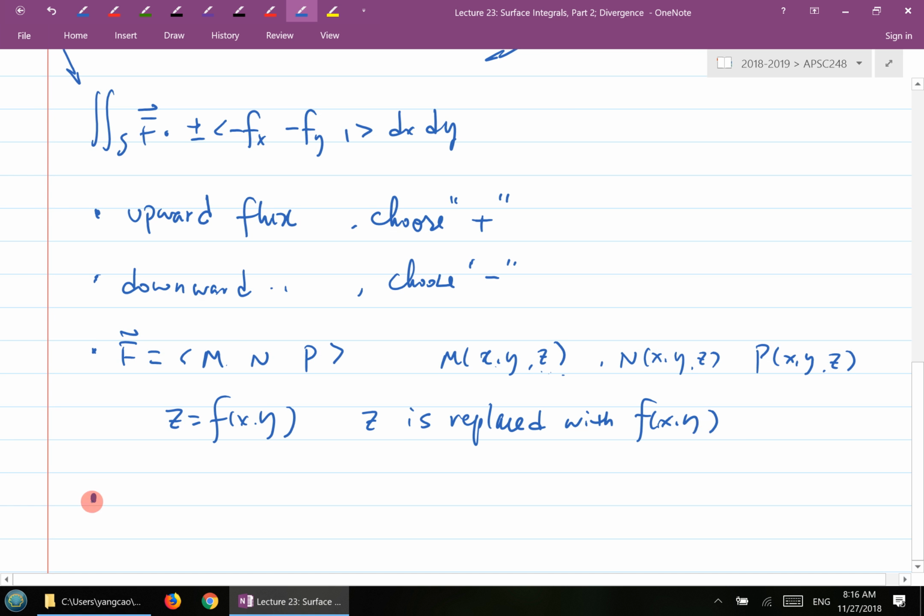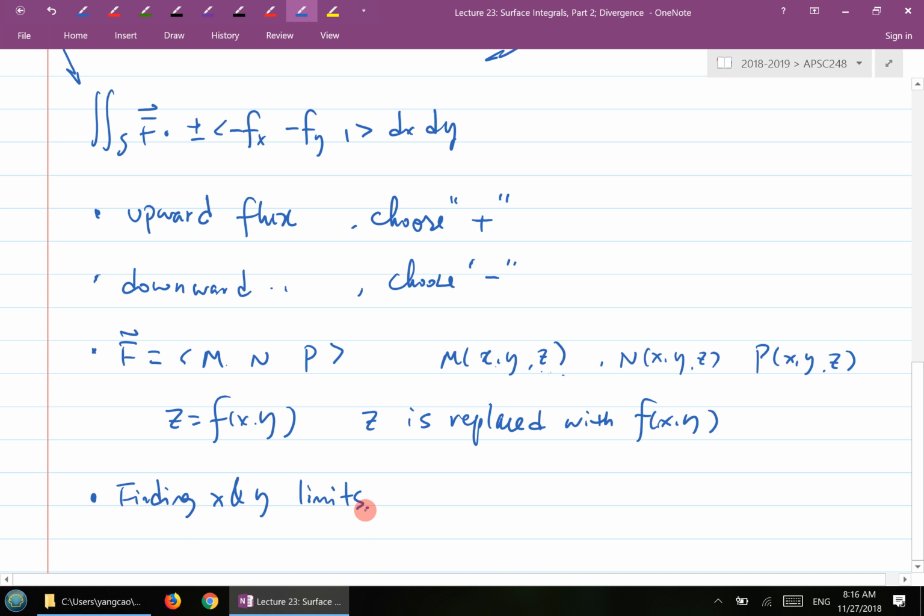And one more thing regarding this surface integral. Once you choose the positive sign or negative sign accordingly, and once you replace the z with the actual surface f of xy, the next thing you need to do is figure out the x and y limits in order to calculate this double integral.